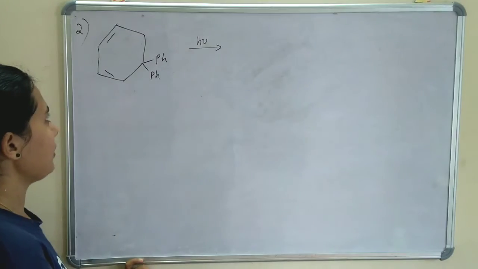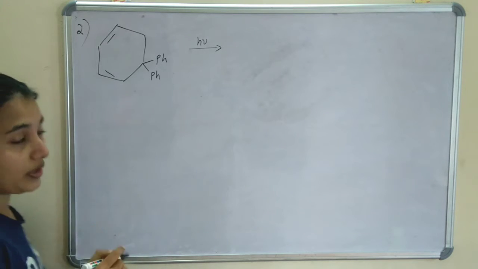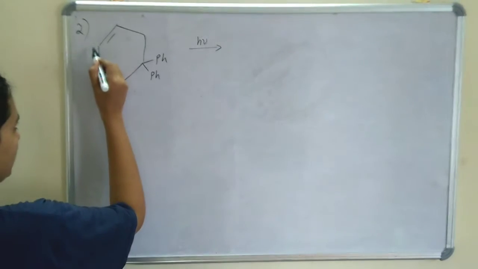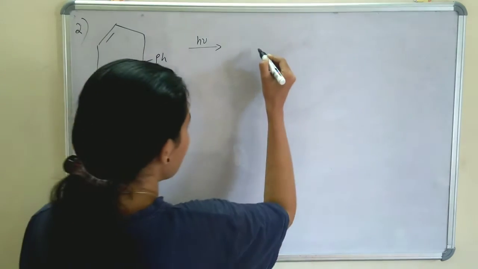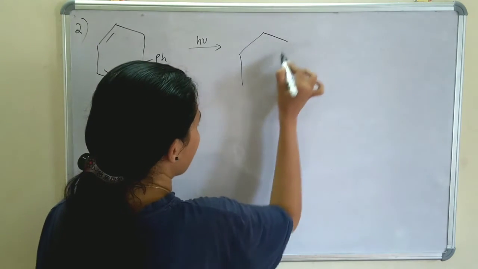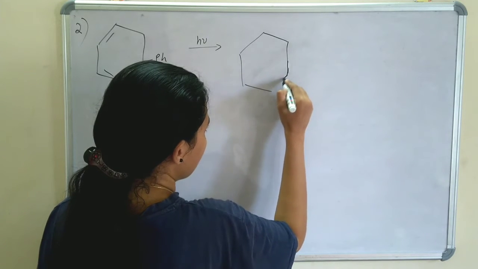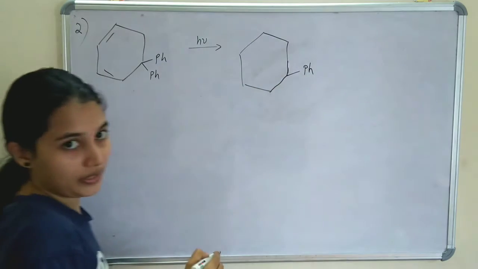Go to the second example. Here two double bonds are given, and let's check whether a 1,4-diene is present. 1, 2, 3, 4. So a 1,4-diene is not present. This is a 1,3-diene. So we have to open this phenyl ring. Two phenyl rings are given, so just open any of the Ph.